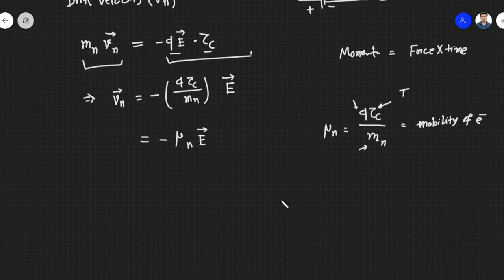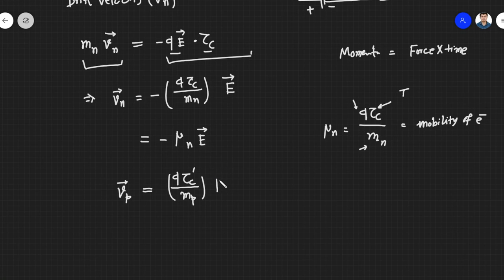Of course, holes move in the opposite direction of electrons, but if you do the same mathematics, you will get that Vp, the drift velocity of hole, with small p, equals Q, and this tau c will be different for holes, so I'll put tau c prime, and the effective mass of hole is mp, times the electric field.